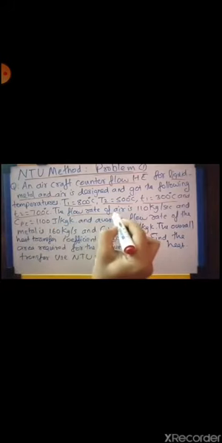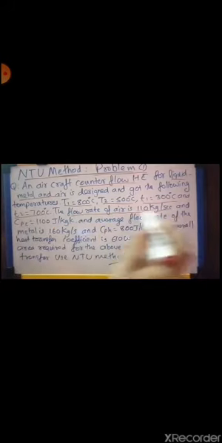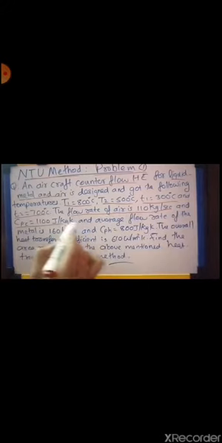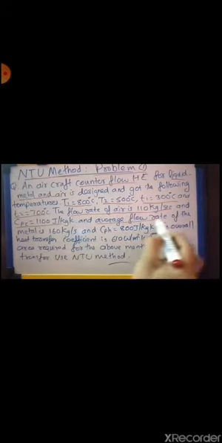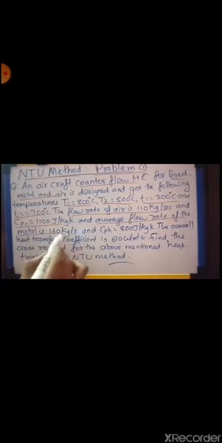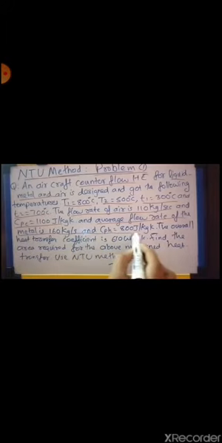The flow rate of air, that is mass flow rate of cold fluid air, is 110 kilogram per second, and specific heat is given. Average flow rate of hot metal, that is the hot fluid, and its specific heat is given. Heat transfer coefficient is given as 610 watt per meter square Kelvin. We have to find out the area using NTU method.